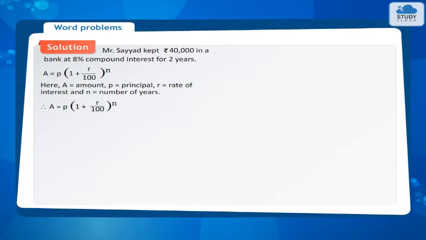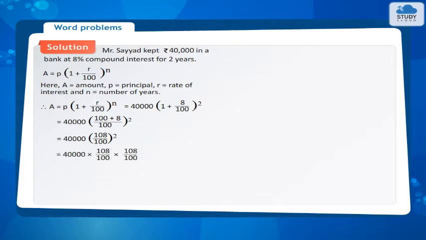Therefore, A is equal to P 1 plus R upon 100 raised to N is equal to 40,000 1 plus 8 upon 100 raised to 2 is equal to 40,000 100 plus 8 upon 100 raised to 2 is equal to 40,000 into 108 upon 100 raised to 2 is equal to 40,000 into 108 upon 100 into 108 upon 100 is equal to 4 into 108 into 108 is equal to rupees 46,656.